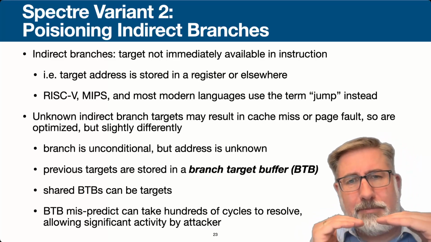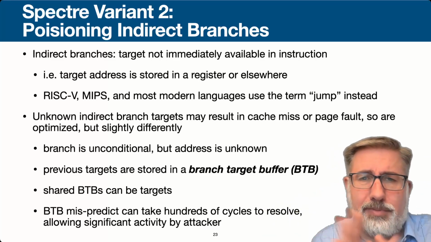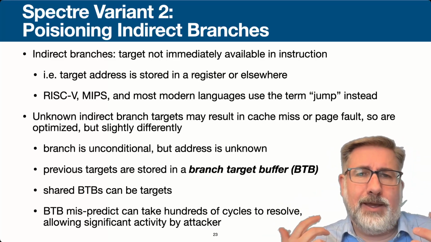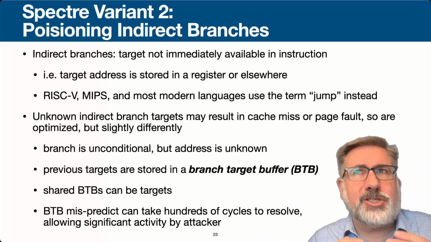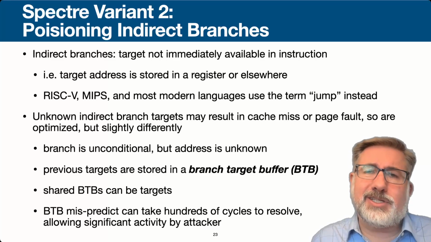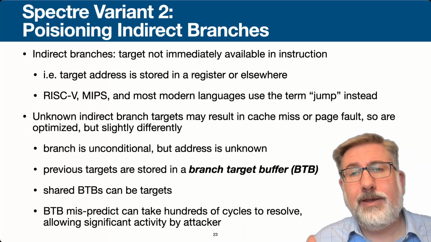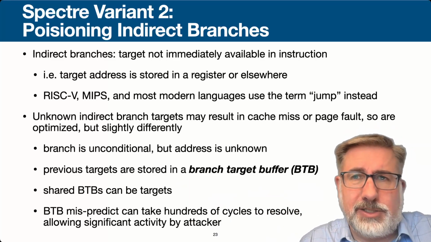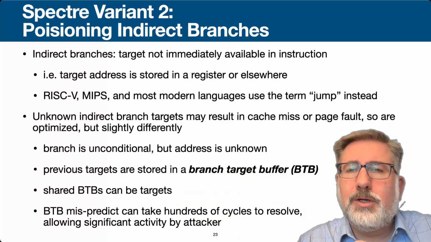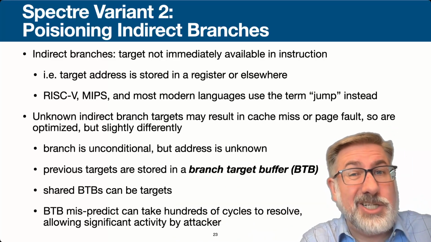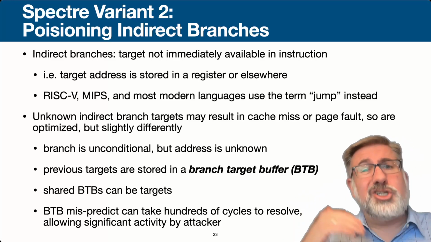Instead of training up a branch predictor to say go or no-go on a branch, we're going to train up a branch target, which means that instead of deciding whether or not to branch, I have to decide where I'm going to branch to. In modern instruction sets, we usually call these indirect branches. We call them jumps because we're putting a new address into the program counter so that the machine can jump to a new address.